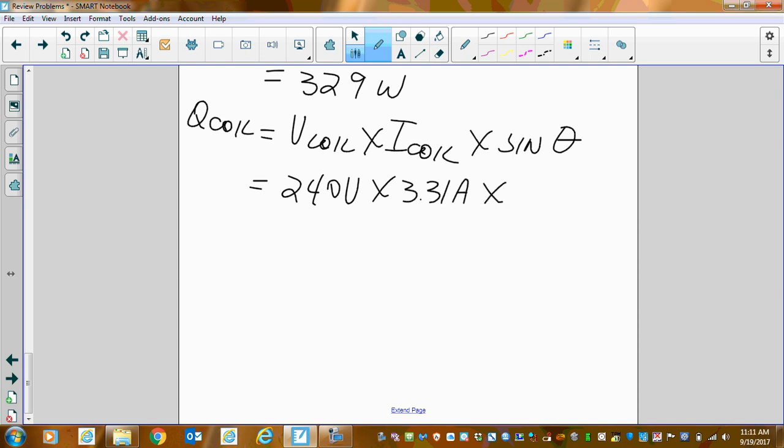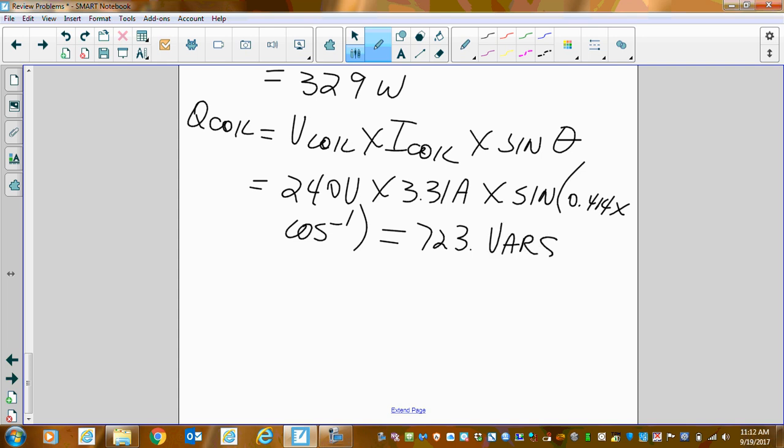And I'm doing this to show that there is some inductive as well. So times the sine, and what I do is, again, I put in brackets 0.414 times cos to the -1. And if you do that all in one step, you'll come out to 723 and change. So we're going to say 723 vars approximately.